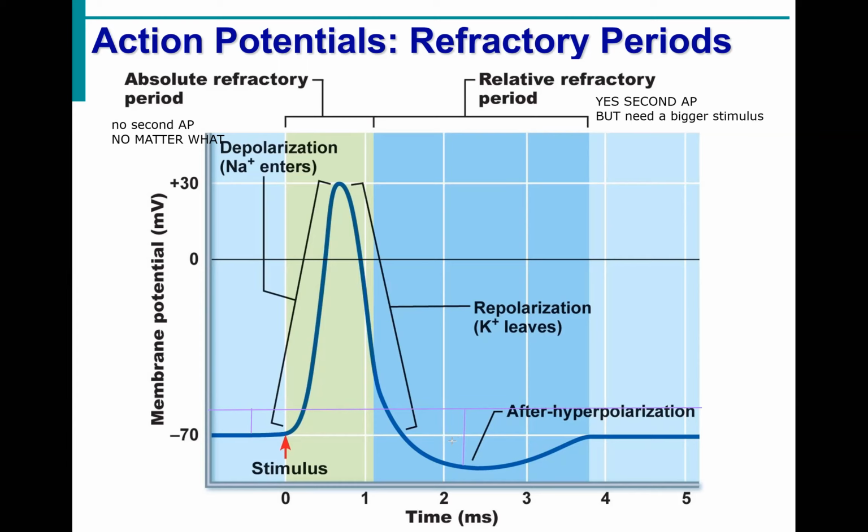So notice it takes a bigger stimulus, a bigger signal. Instead of just being a 10 millivolt change, maybe it's a 20 or 30 millivolt change. So it takes a bigger stimulus to reach threshold. And because remember, to fire an action potential, we have to reach threshold. All right.